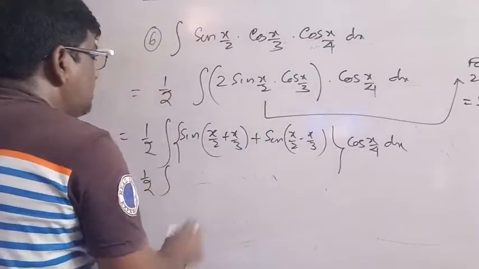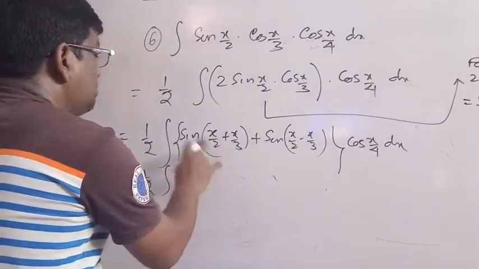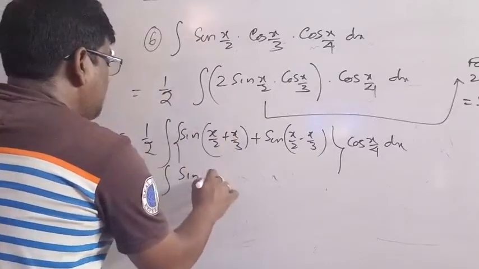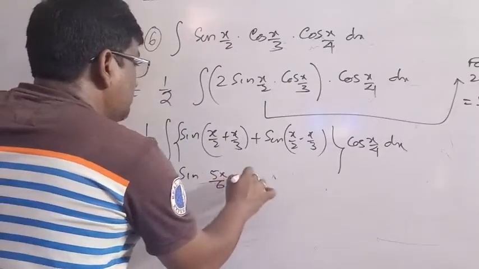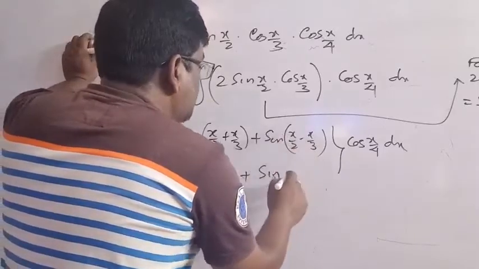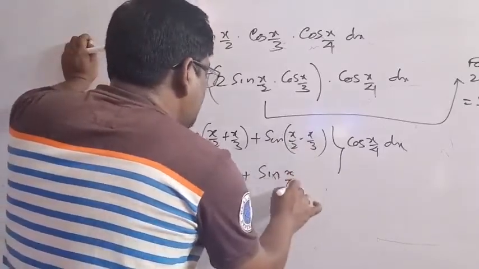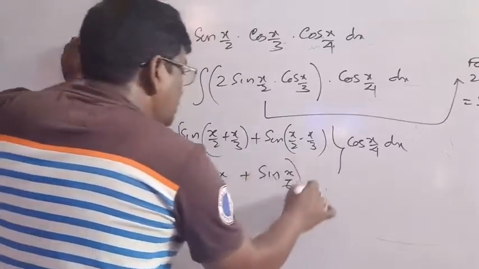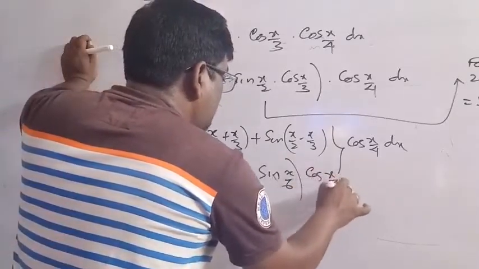This is sin, LCM 6, 3 plus 2, 5x by 6, plus sin, 3 minus 2, x by 6 whole into cos x by 4 dx.